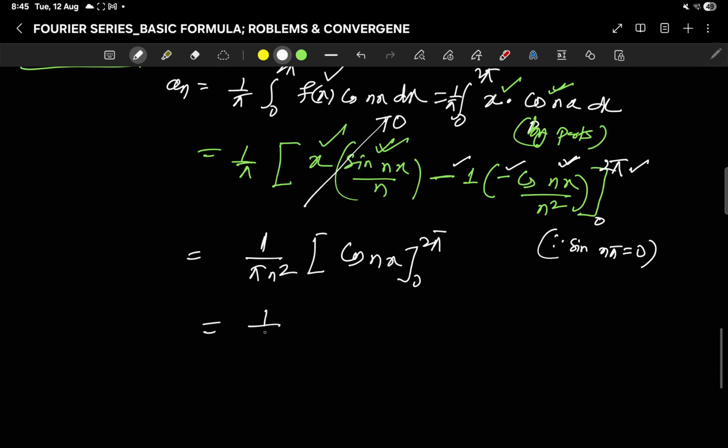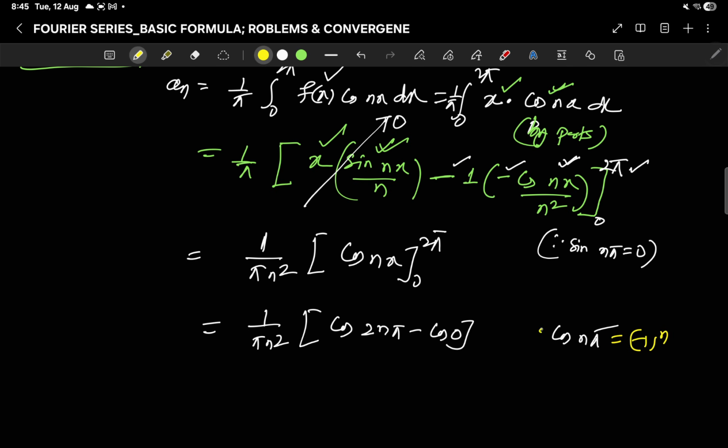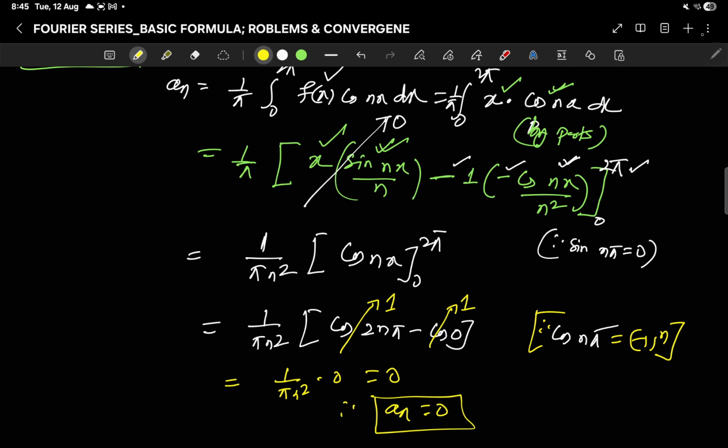So this will be 1 by pi n square, here cos 2n pi minus cos 0. You know cos n pi is minus 1 to the power n, right? So your cos 2n pi is minus 1 to the power 2n, which is 1. This is also 1. So this is 0. 1 by pi n square into 0 is 0. So therefore your an is equal to 0.